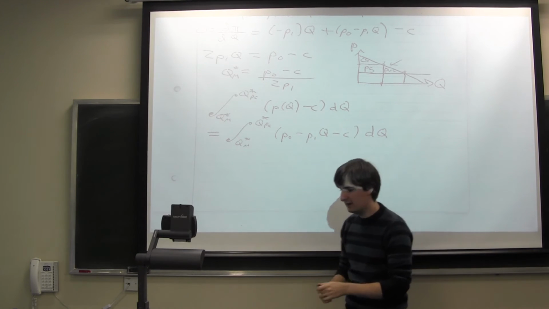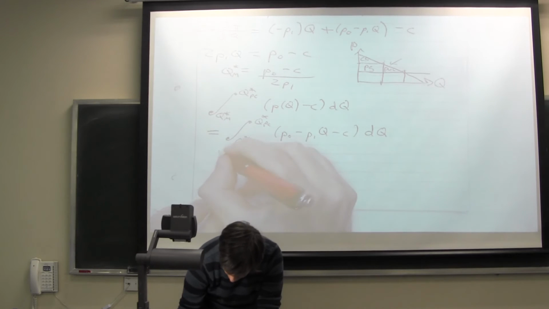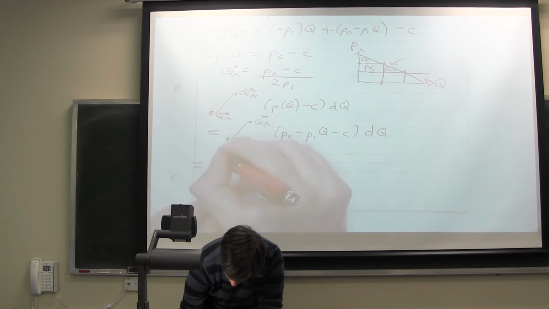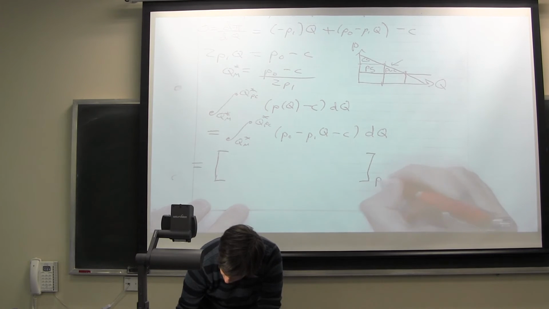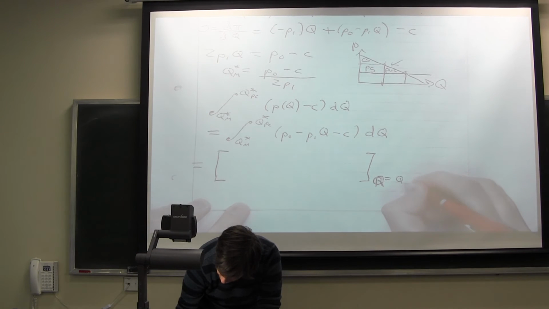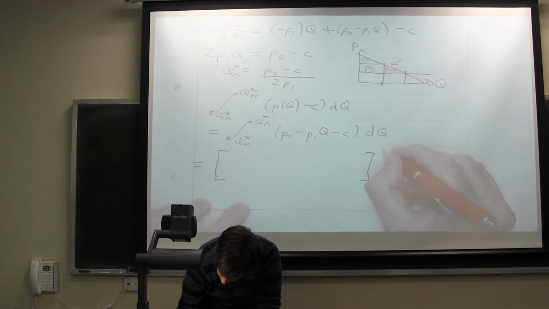You remember this. And people often use this notation with square brackets, with the limits written on the side of the square brackets.